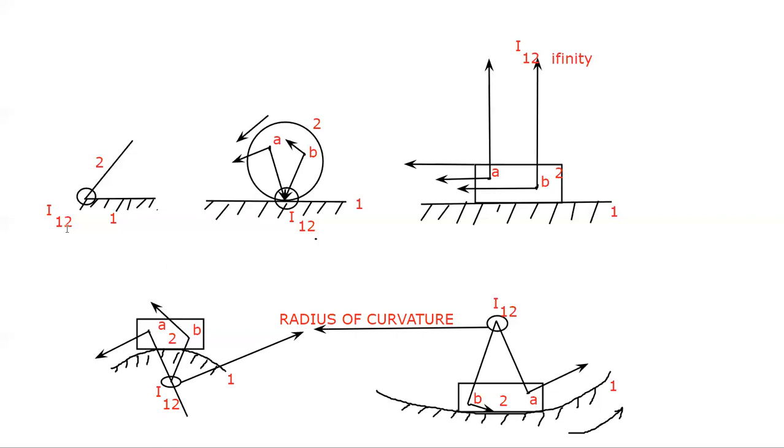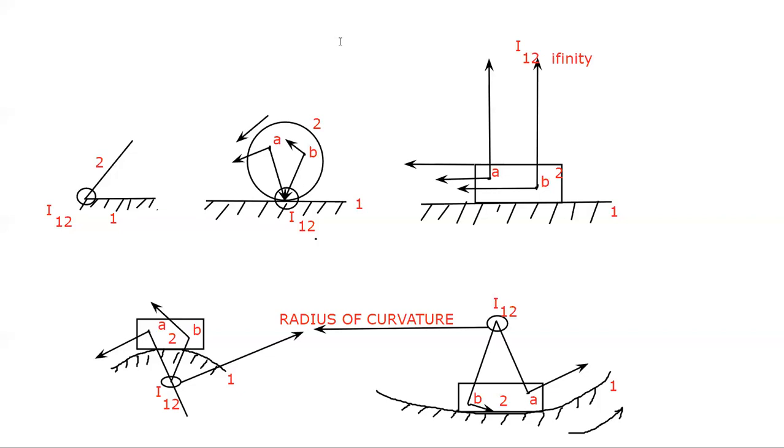In this link, at the pivot point or spin point, you can make out the instantaneous center. As here the disk is rolling on this, the instantaneous center will be at the point of contact.